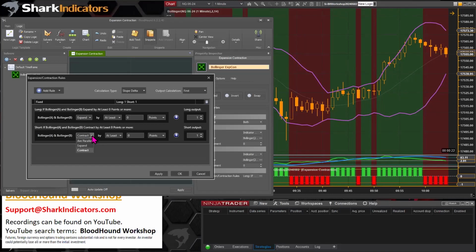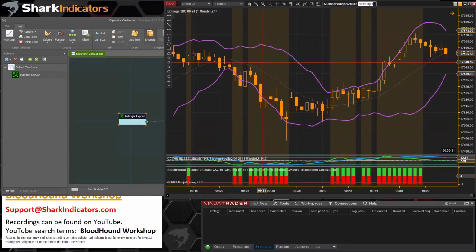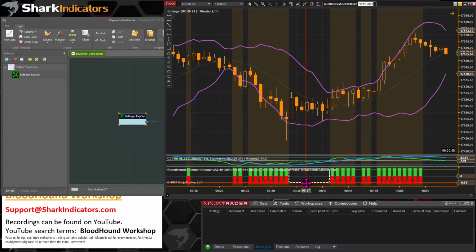So let's switch the short side to expand, like so, and then hit the apply button. And there we go. So now what we're identifying is whenever the Bollingers are expanding. So when there's no output, either the Bollinger is contracting or it's moving in parallel.